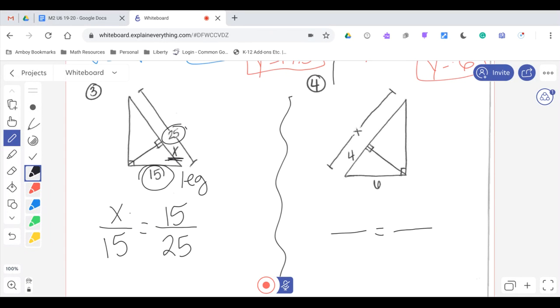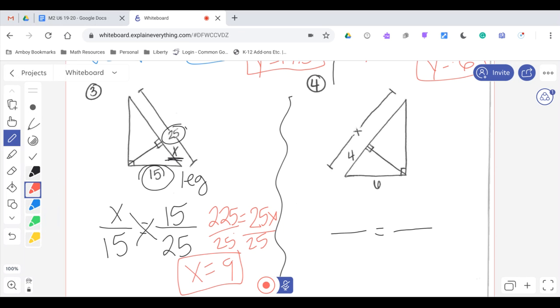So I'm going to cross multiply this. 15 times 15, I believe, is 225, but we'll double check. Yep, 225. And then that'll be equal to 25x. If I divide by 25, I get 9. So that little segment there is 9.